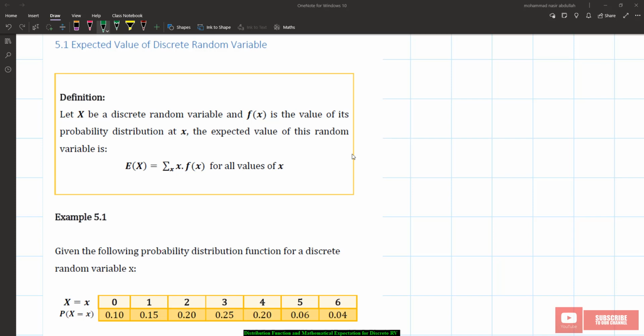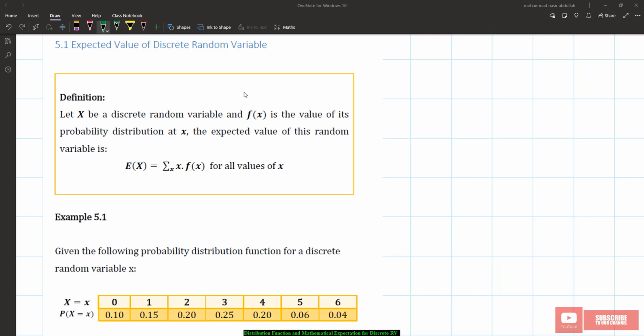Basically, we already learned in chapter number 2 the concept of measure of central tendency. We have learned how to calculate mean, standard deviation and also variance. We will repeat the same concept to calculate mean, variance and standard deviation in this chapter, but in a different way.